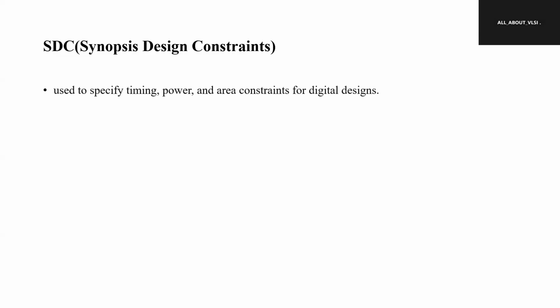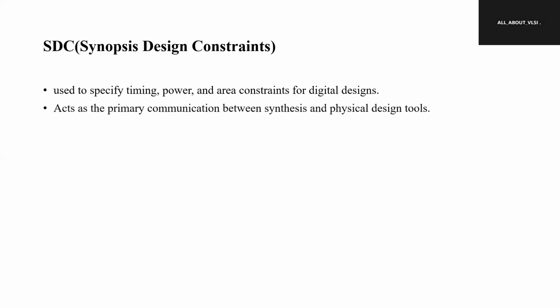It is used to specify the timing, area, power of my complete design, right? It is the primary communication between the synthesis and physical design tools, right? Before PNR we are doing synthesis, right? At the synthesis stage we are using this SDC file.